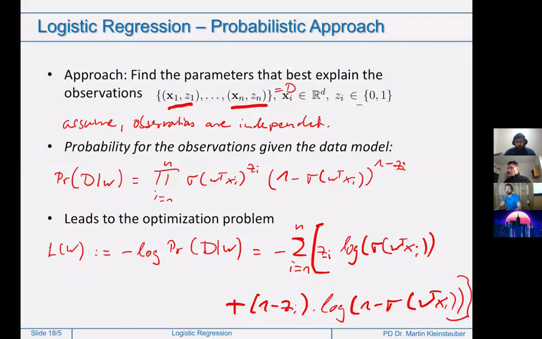So this is the optimization problem that you want to solve.